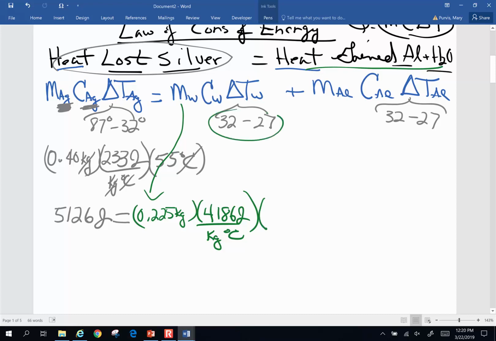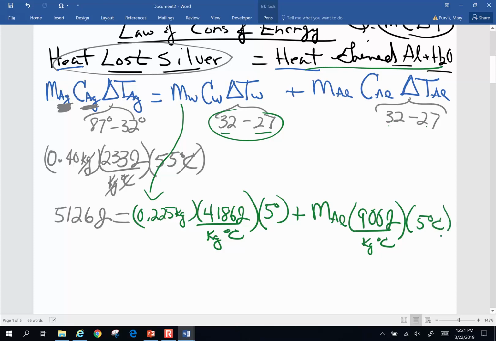Change in temp of the water, well, 32 minus 27 is 5, plus the mass of the aluminum cup. Oh, that's what we're solving for. So mass of aluminum cup. Specific heat of aluminum, I looked that up on my constant sheet or online or in the book, and that is 900 joules per kilogram degree Celsius. And the change in temp, 32 minus 27, is 5 degrees Celsius.